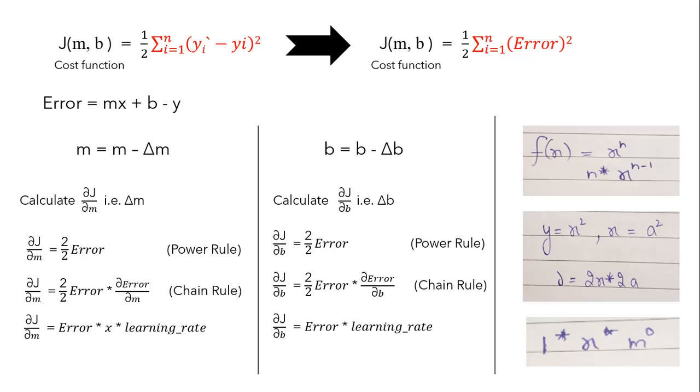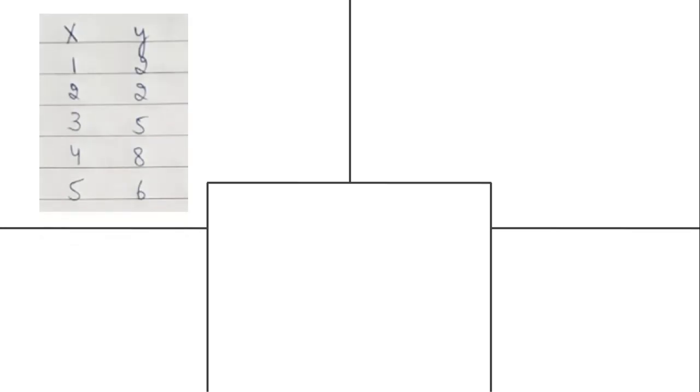Now as we have delta m and delta b value with us, we can directly put these values in equation. M is equal to m minus delta m and b is equal to b minus delta b to generate best fit line. Now let me quickly take a random data for solving gradient descent and generating best fit line on that.